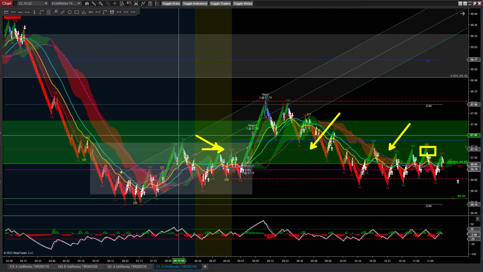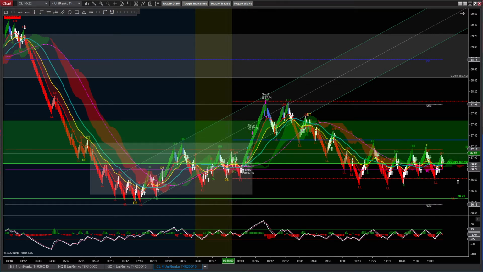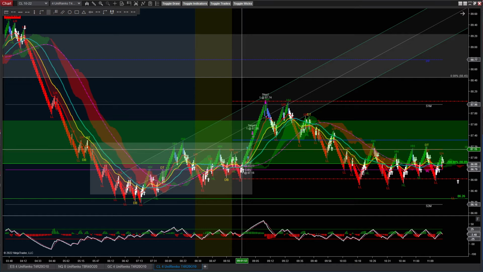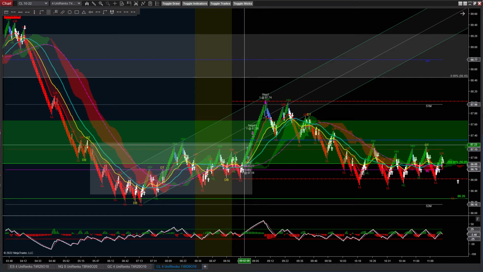I do have this channel marked there, and it was right above the lower side of this channel. So when it was recovering right here is where I took the trade. That is the entry. This one is the first target for $200, and this is the second target.